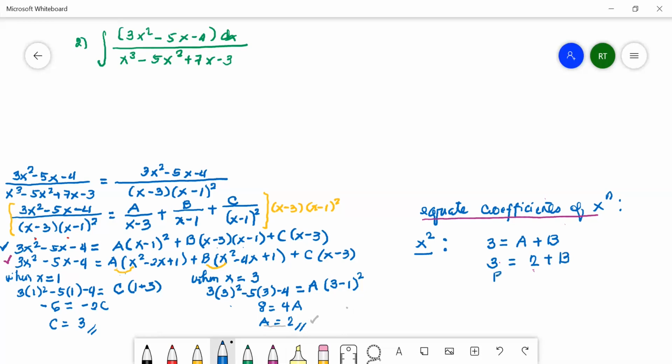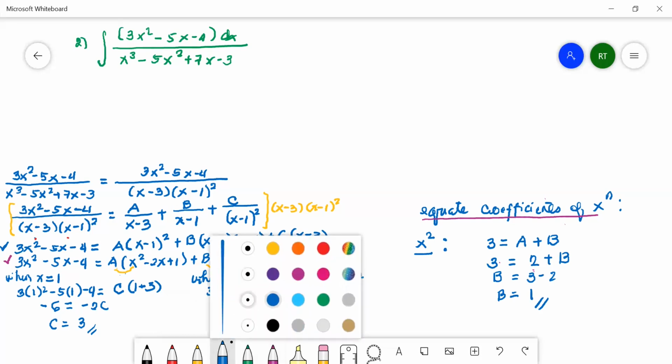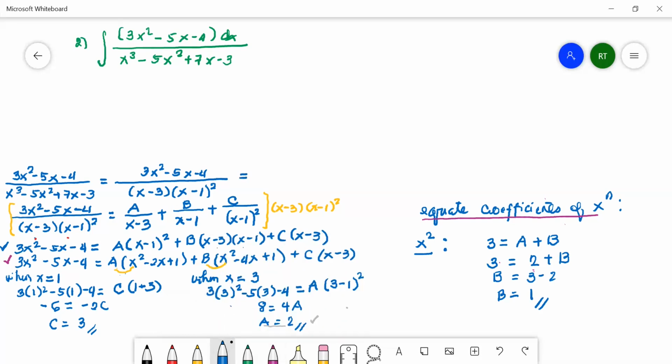If we solve for b, then b is equal to 3 minus 2, or b is equal to 1. So we are done. We have a is equal to 2, b is equal to 1, and c is equal to 3. Therefore, we can now express the rational function as a sum of partial fractions: a over x minus 3, plus b over x minus 1, plus c over x minus 1 raised to the second power.